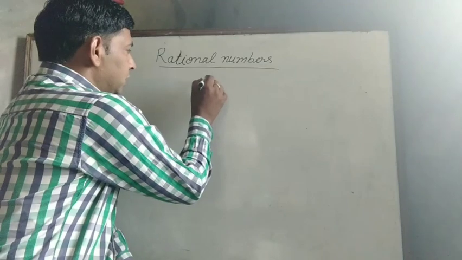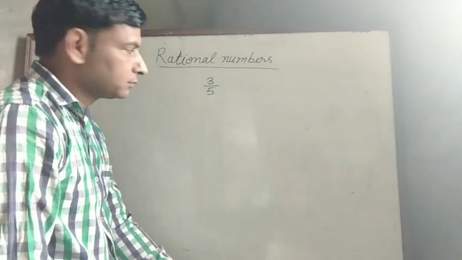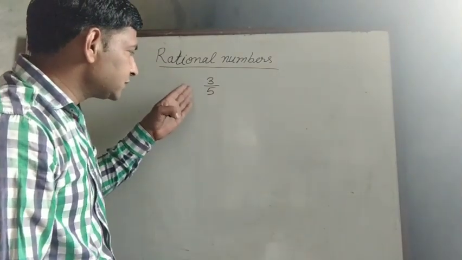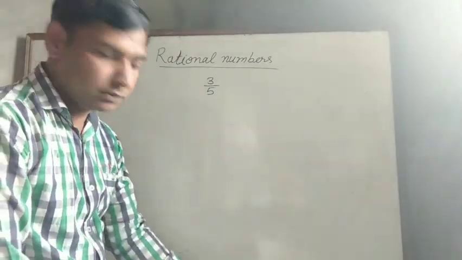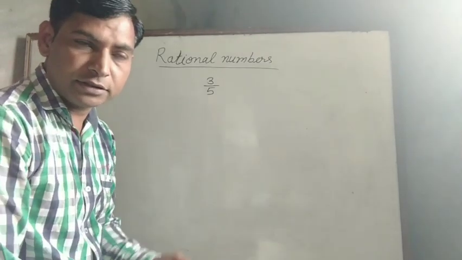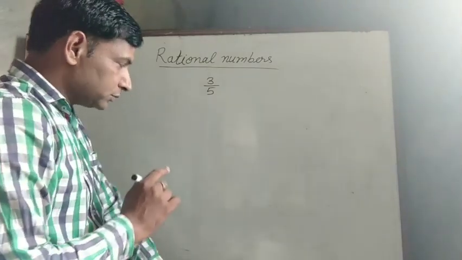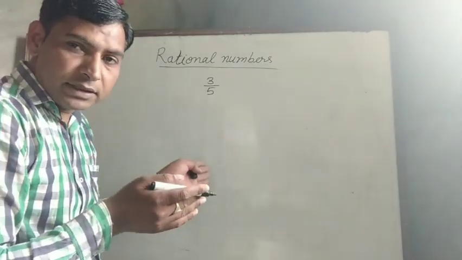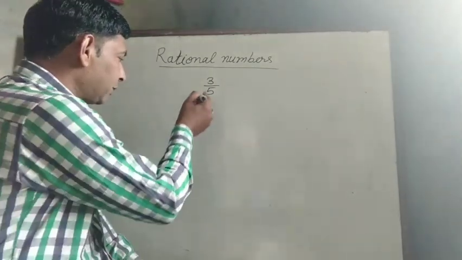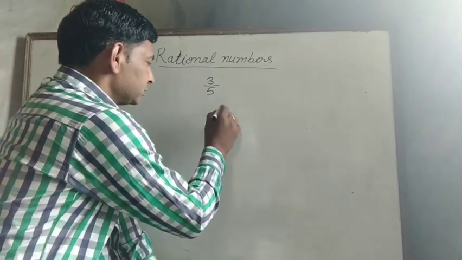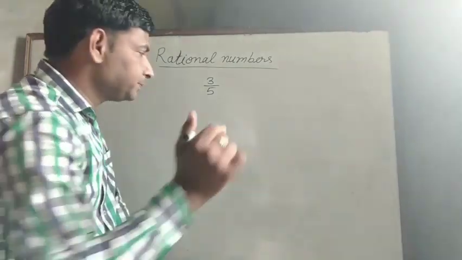If I have 3 upon 5, here we see that the denominator is more than the numerator, or the numerator is less than the denominator. Before expressing it on a number line, we should know something about it. Let us see one or two more rules.